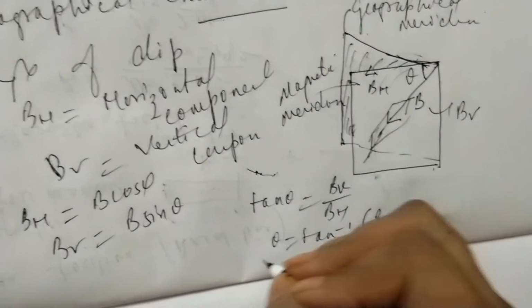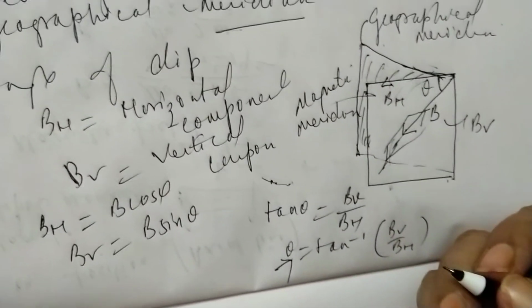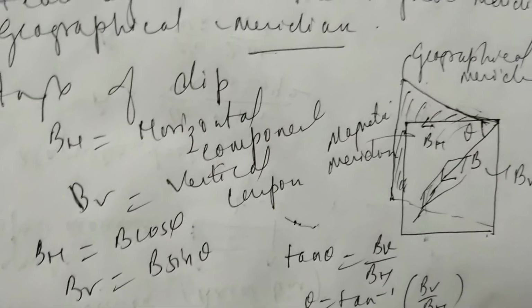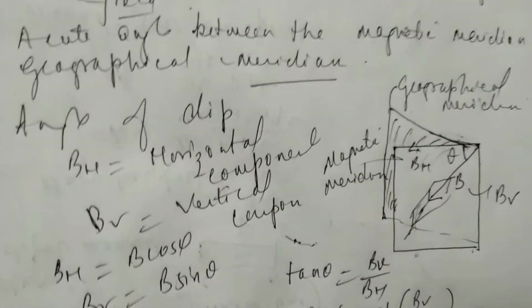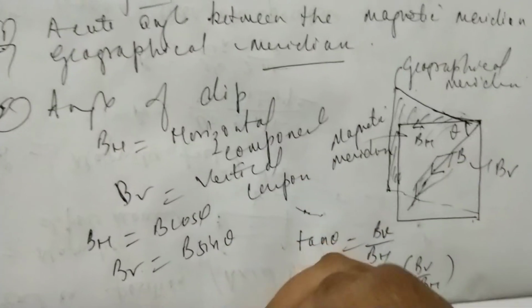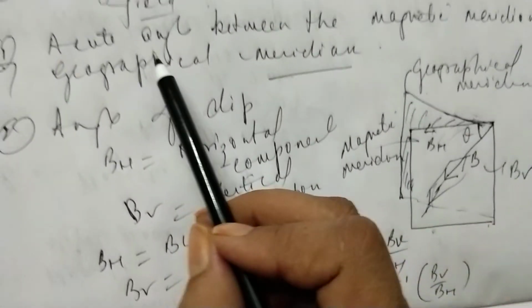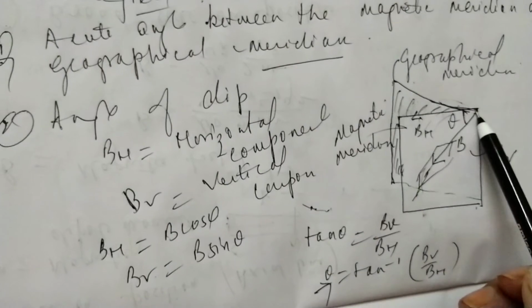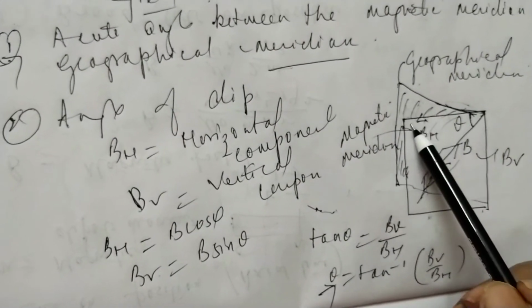This theta is known as the angle of dip. I hope it is clear. The third category we have already spoken of, that is the horizontal component of the Earth's magnetic field.